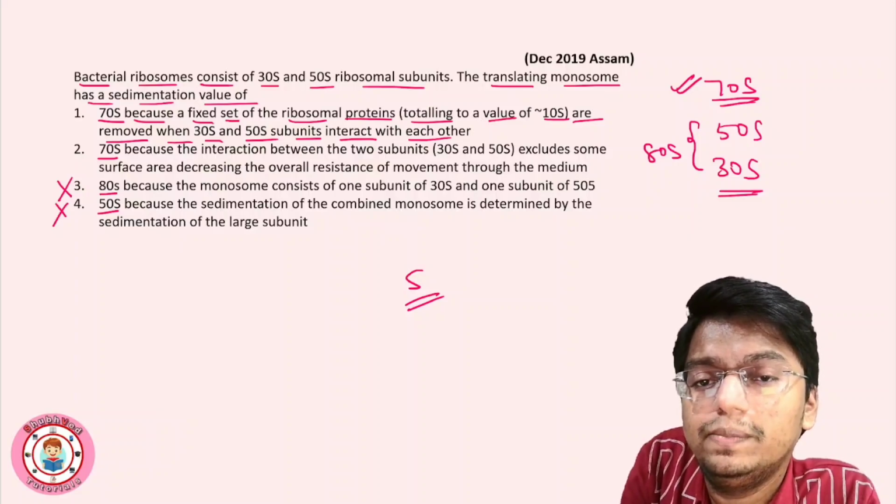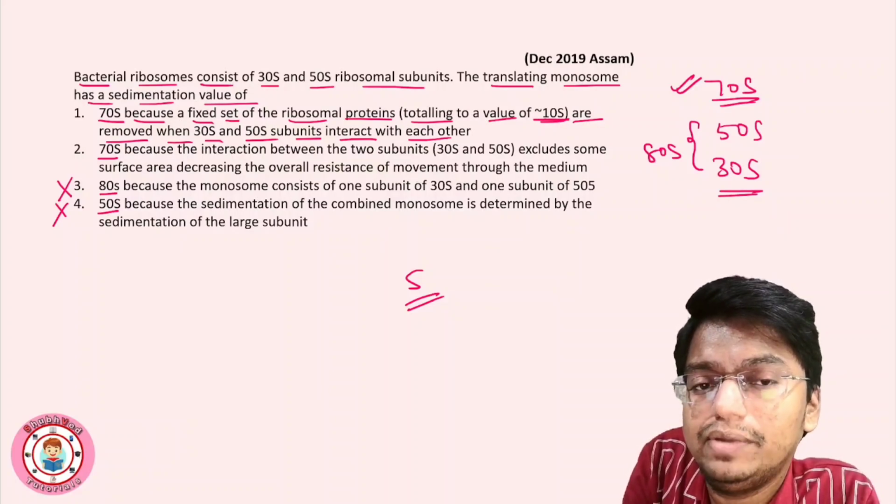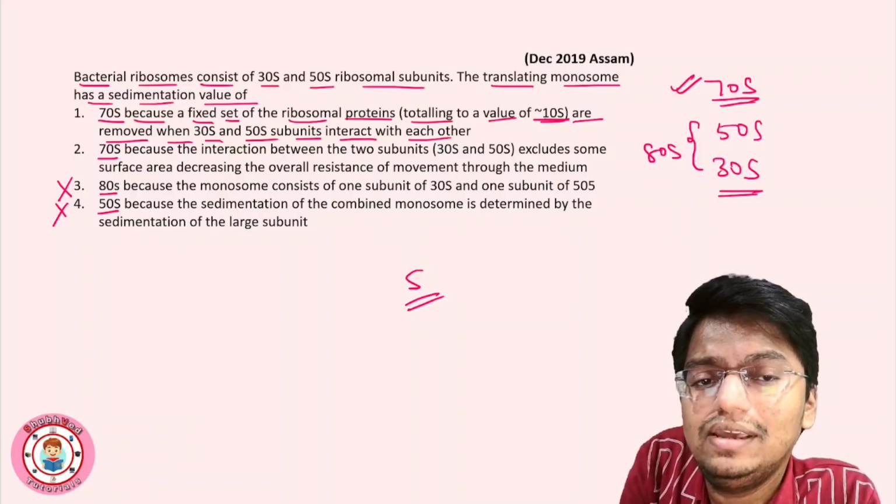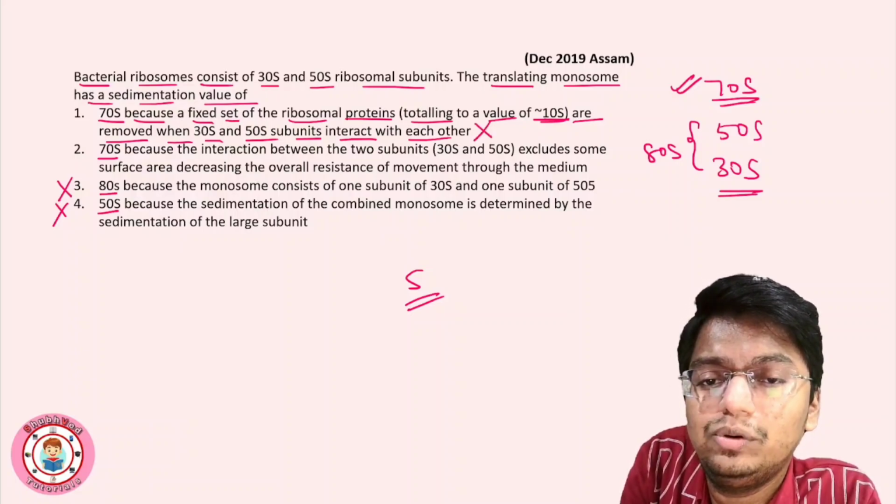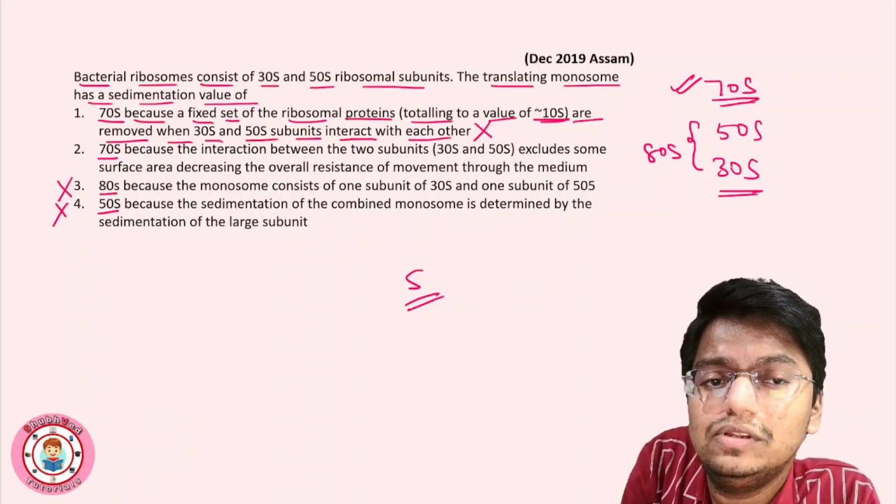Svedberg unit. So 10S of ribosomal proteins are removed, as per the first statement. That doesn't happen, right? Removal of protein, no, so this will be wrong. So obviously option 2 will be correct.